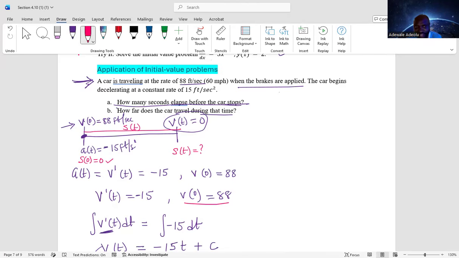Let us see if we can create an initial value problem for distance. If I differentiate distance, I will get velocity. The rate of change of distance is velocity. We already know velocity, v of t, which is the same thing as the derivative of distance. What is that velocity?